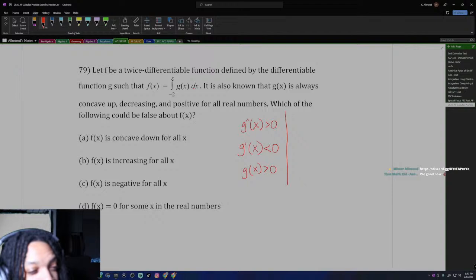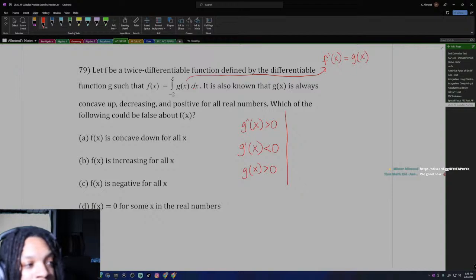If I take the derivatives of both sides of this equation, then I have f prime of x equals g of x.